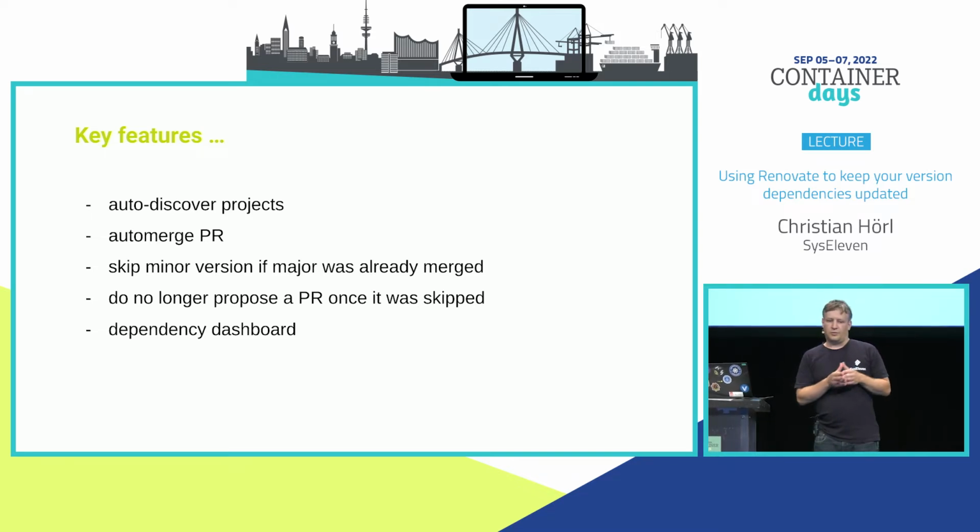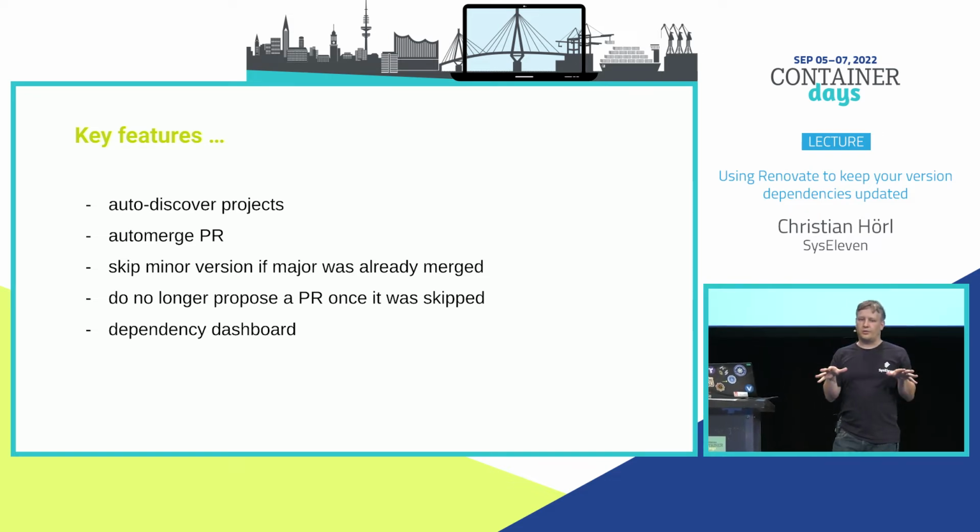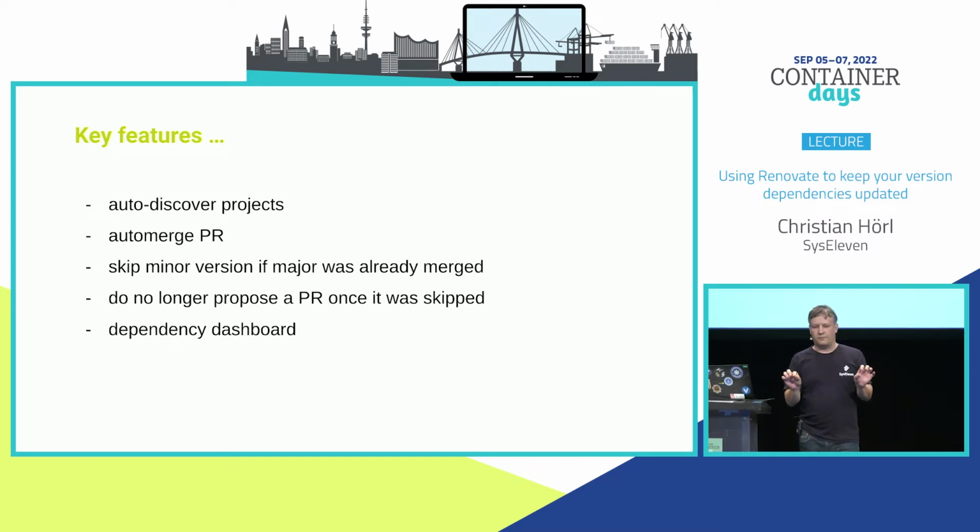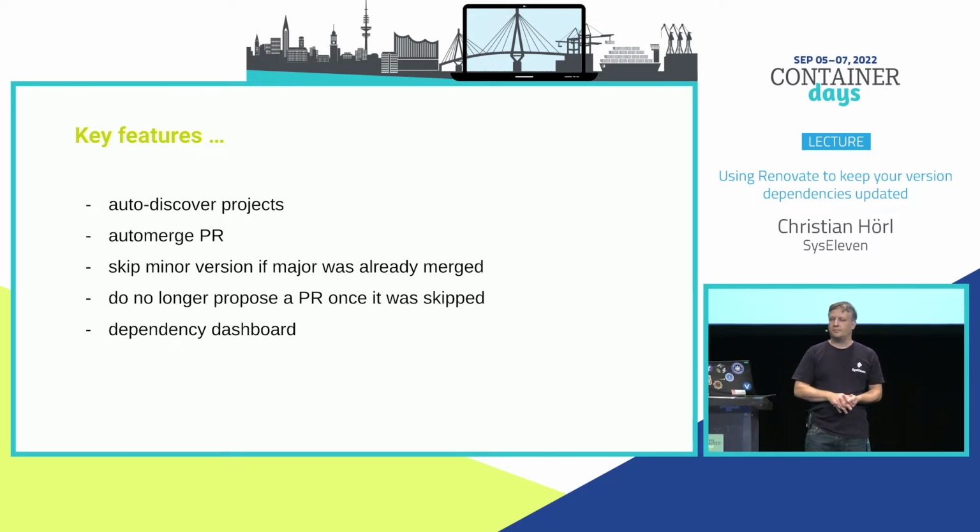So the repositories themselves are completely agnostic from Renovate, and Renovate centrally does a distributed configuration and gives each project its very own fine-grained configuration file. Also, it can automatically merge pull requests.